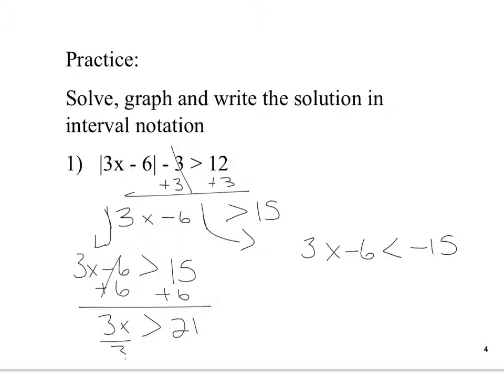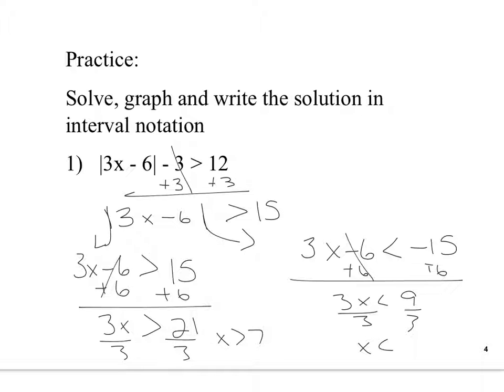So 3x is greater than 21, so x is greater than 7. And 3x is less than negative 9, so x is less than 3. So x is greater than 7, and x is less than 3. Greater than 7 goes this way.